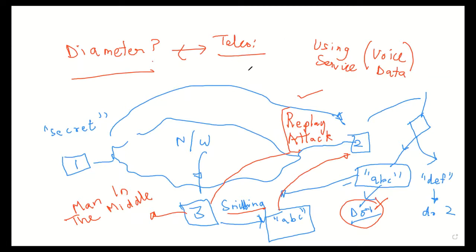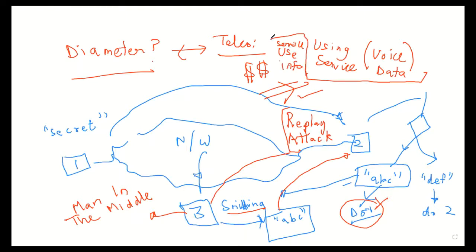A telco will bill the user for the degree of usage. If I can play a man in the middle attack and provide false service usage info on behalf of some user to some charging billing node, then it's a problem.